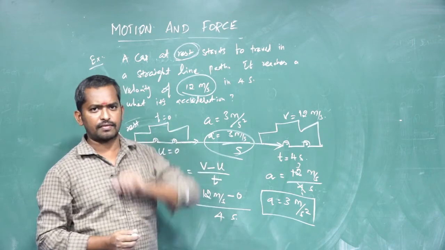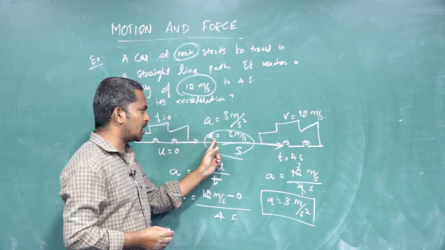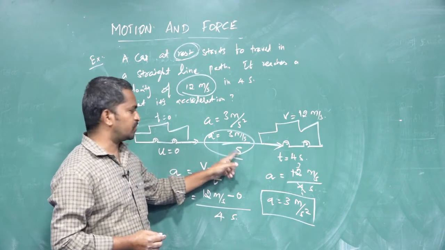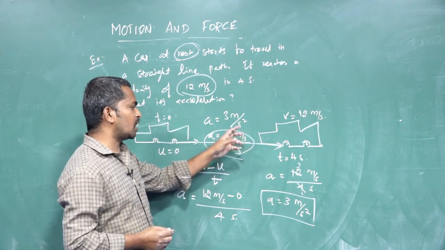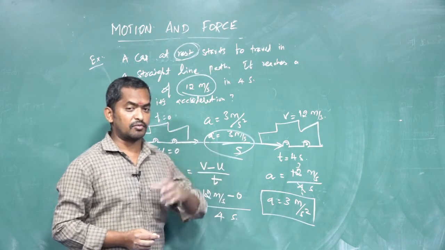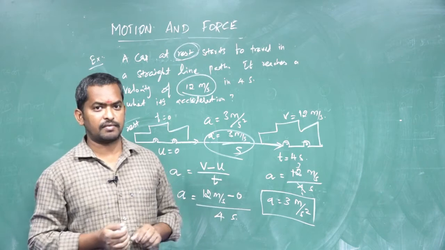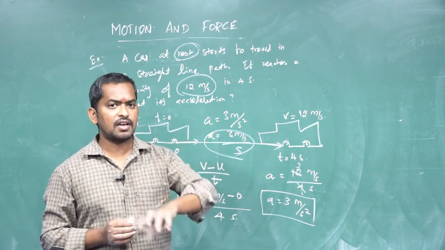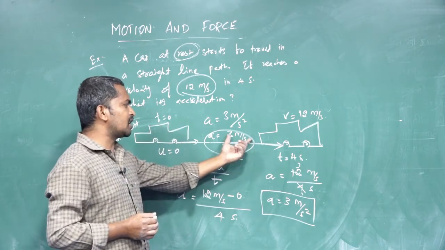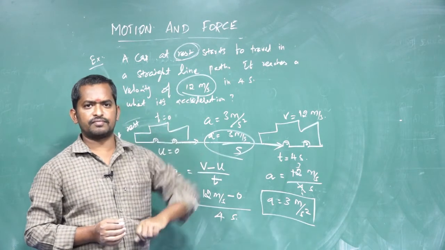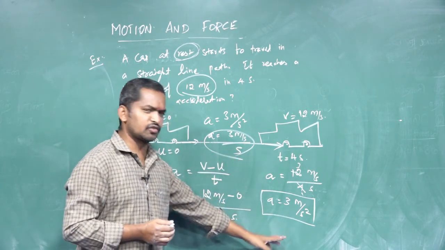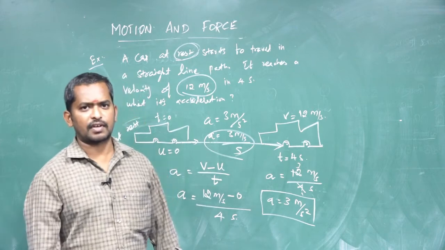That is the acceleration of the car. Acceleration is nothing but change in velocity divided by time, the rate of change of velocity. So a is equal to 3 meters per second squared is the acceleration of the car.